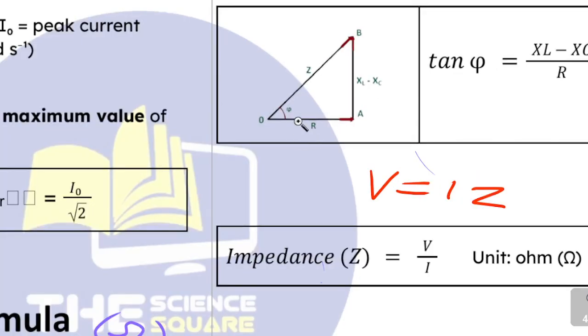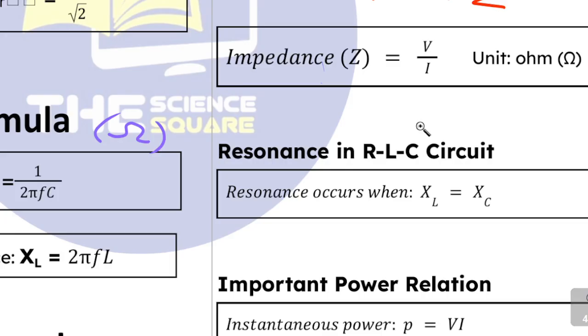Then if you want to get your phase angle, the tan of the phase angle is equal to VL minus VC all over VR. You can also use that relationship to get your phase angle. So take note of that.